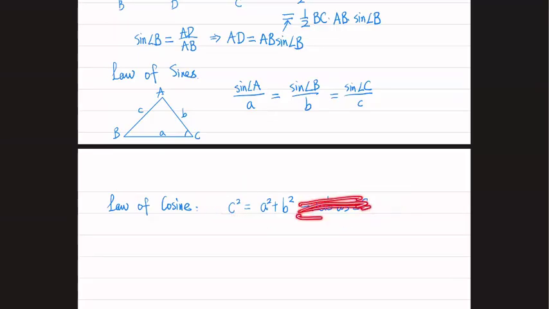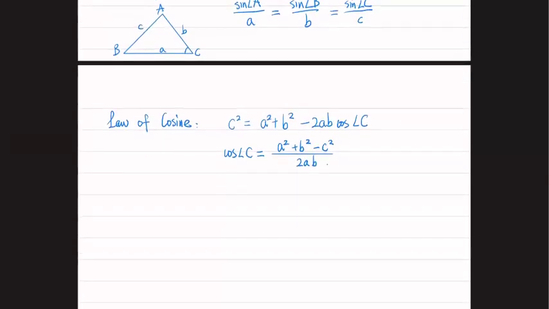If this is 0, then what we have here is the Pythagorean theorem. It should be a right angle. So this is the generalization of the Pythagorean theorem. How far is this triangle from a right triangle? It's this part. Okay. So from there we can solve cosine. Law of cosine.